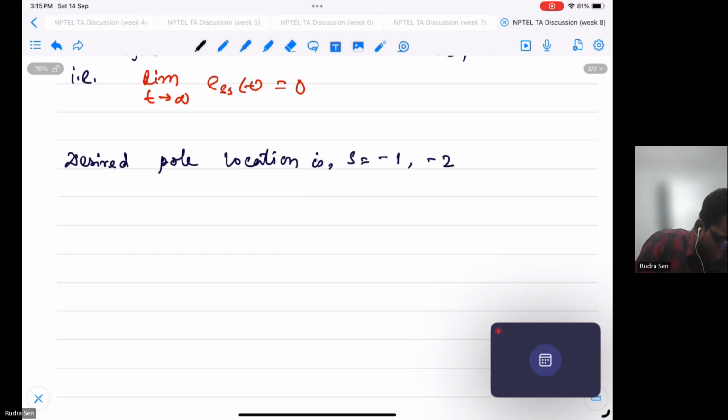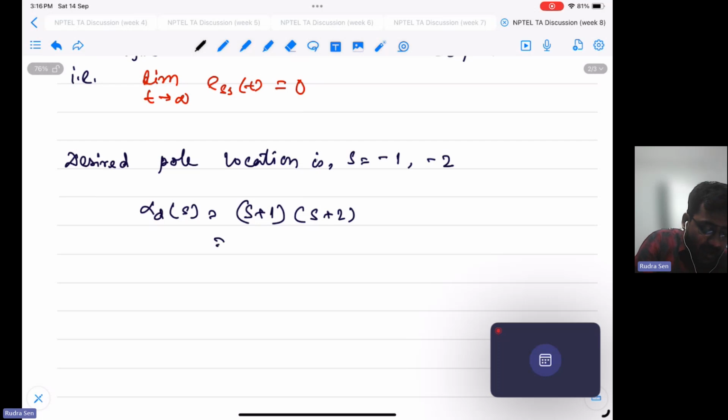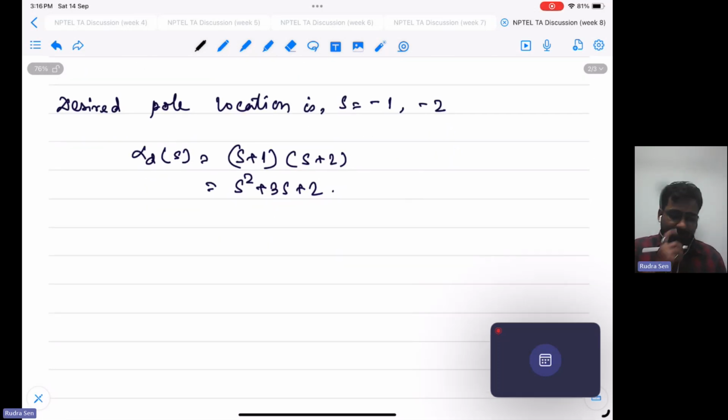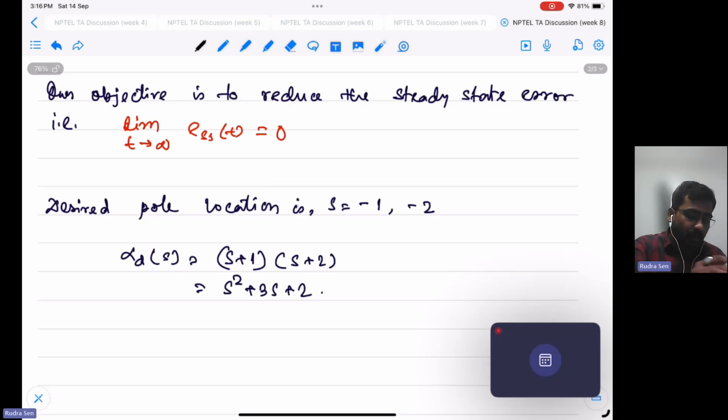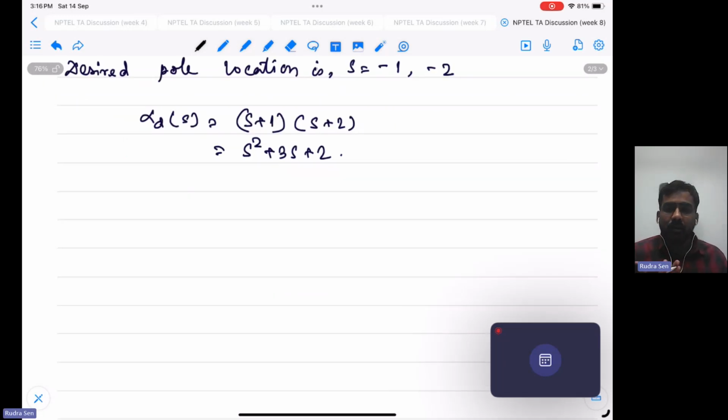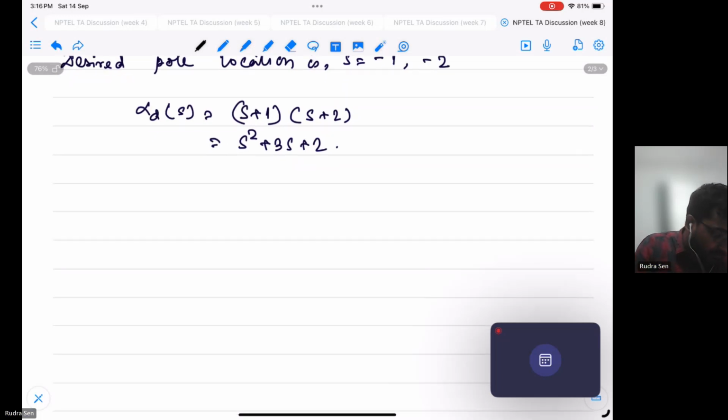So we know that this is basically the desired characteristic equation, right? So we have to find out the Kc. Using the Ackermann formula.